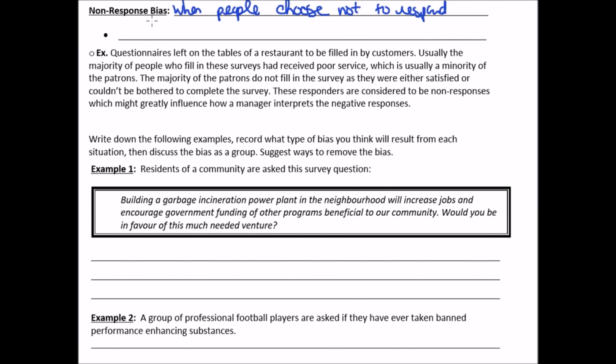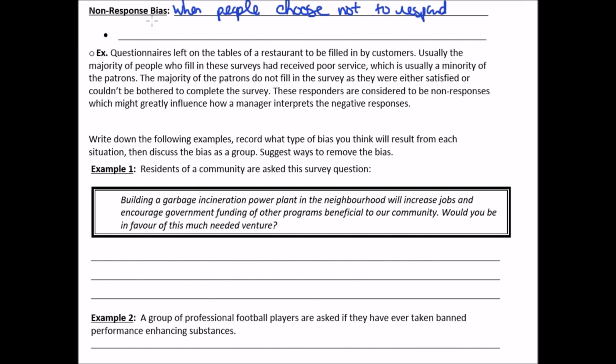These responders are considered to be non-responses, which might greatly influence how a manager interprets the negative responses. For example, if you had 10 great tables and one bad table, but only the bad one filled out the comment card, then your boss may think that you're a really bad employee, right?